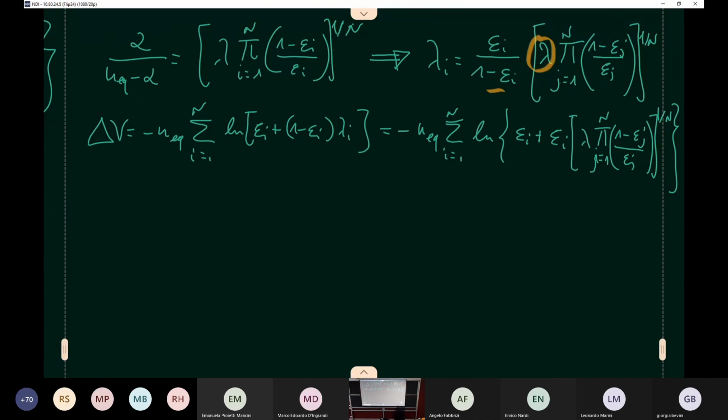So as usual, I can split the product and express it as a sum using the logarithm, and here it becomes minus u_eq, and then I have the sum, because here I can extract the epsilon, which is common to the terms, and so this becomes epsilon I multiplying something else, and so the epsilon I is brought outside.